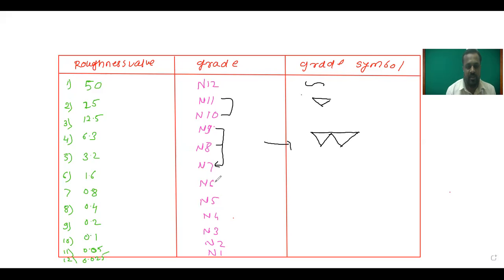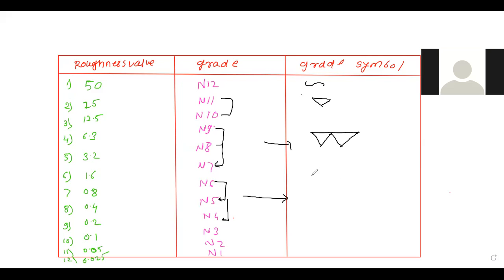Then again we have to take 3 grades, and for these 3 grades, three reverse triangles are there.